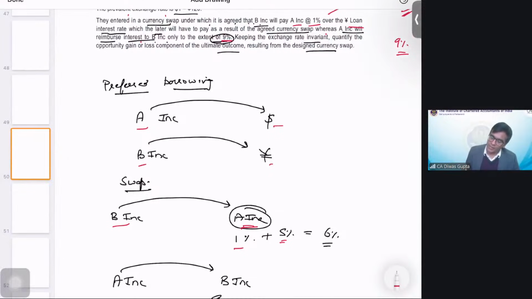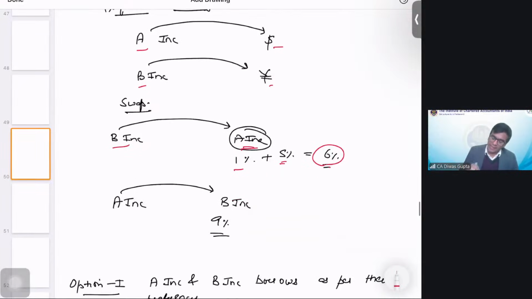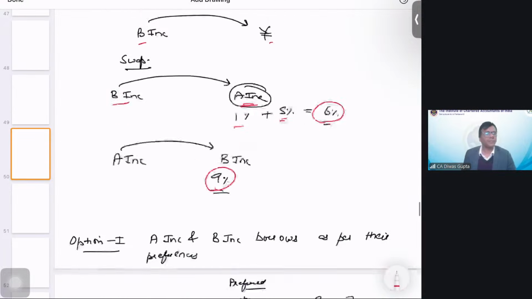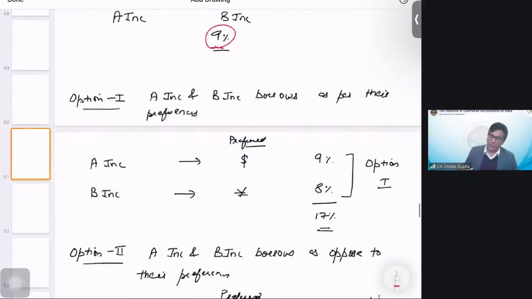So 1 plus 5 is equal to 6% is what they have agreed as a swap, and A Inc. will pay to B Inc. at the fixed rate of 9%. Clear? This is what the question is.